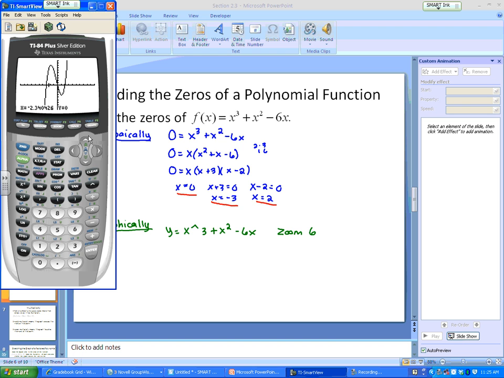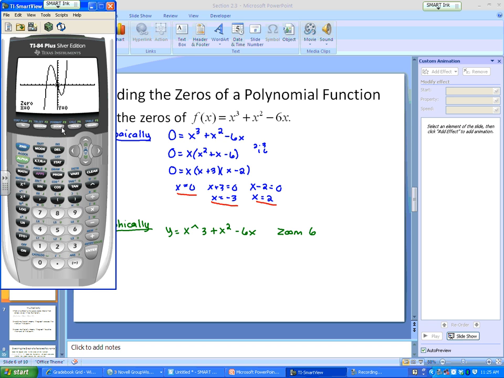If I do that on these other ones, it works the same way. Now I go to the left of my next zero, and then to the right of my next zero. I press enter and ask it to guess 0. If we do the same thing for the last one, we'll get 2.